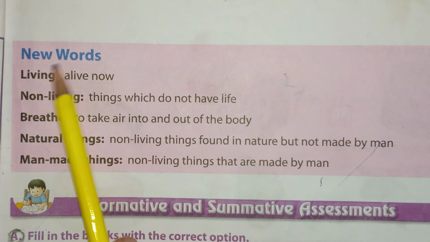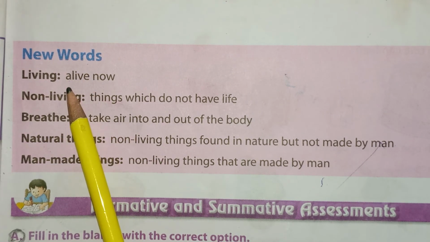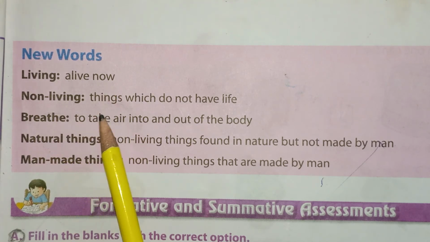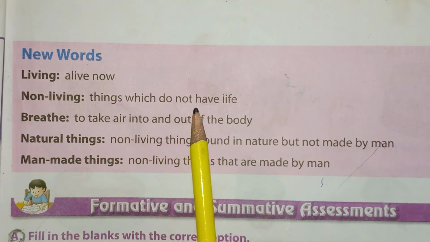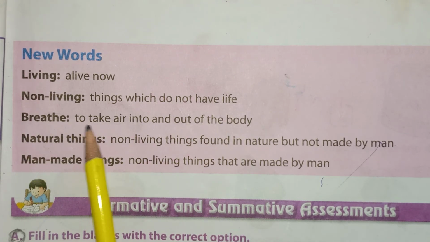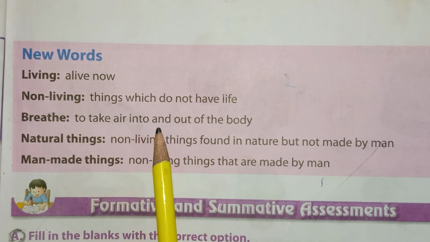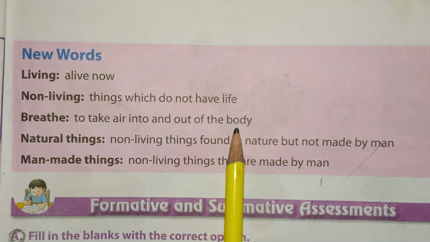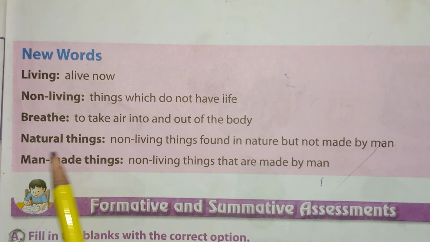Let's see the new words. Living means alive. Non-living, things which do not have life. Breathe, to take air into and out of the body. We do the breathing with the help of the nose.